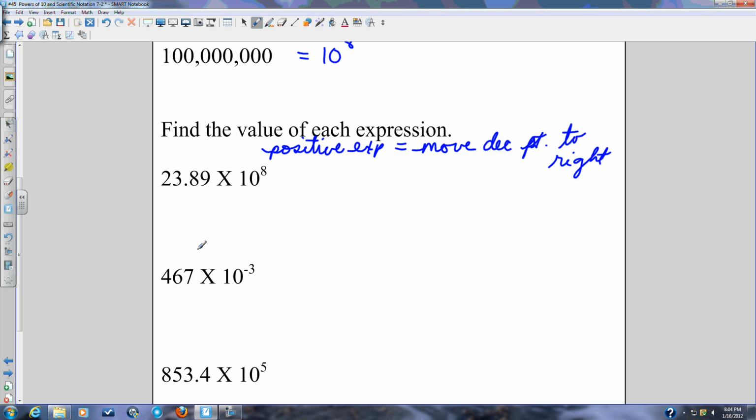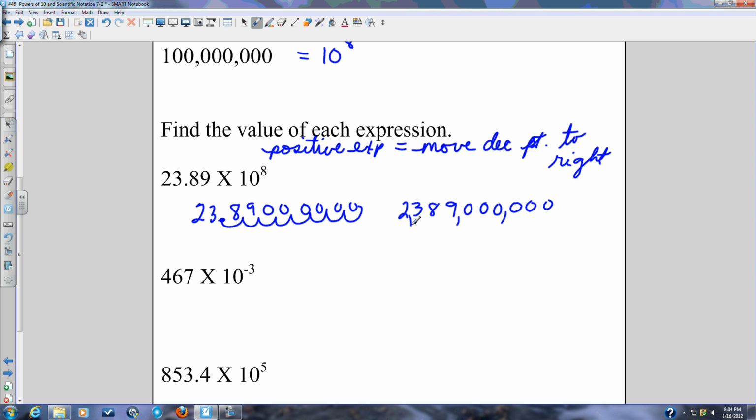And so it's 10 to the 8th, so that means we're going to move our decimal point to the right 8 places. So let's do that. We go 1, 2, 3, 4, 5, 6, 7, 8. We have 6 empty spaces, so we're going to have to put in zeros in those places. So we end up with 2, 3, 8, 9, followed by 6 zeros.